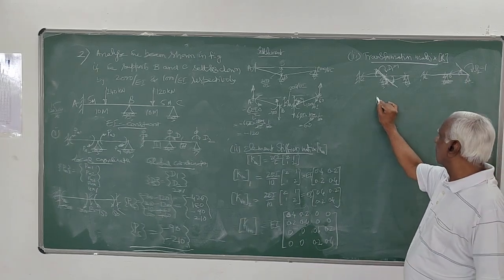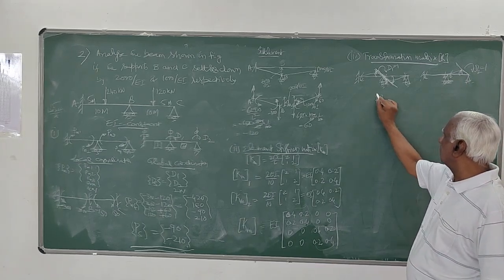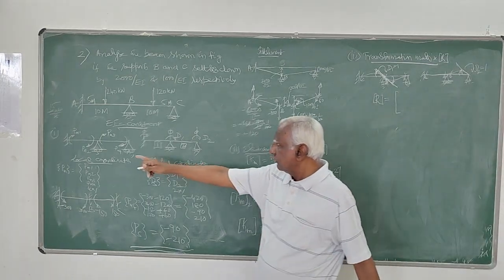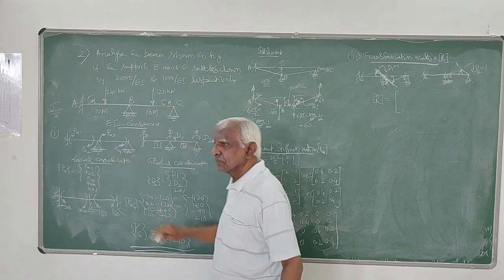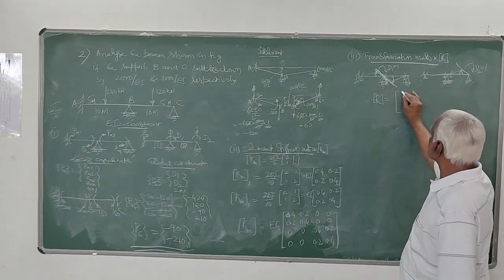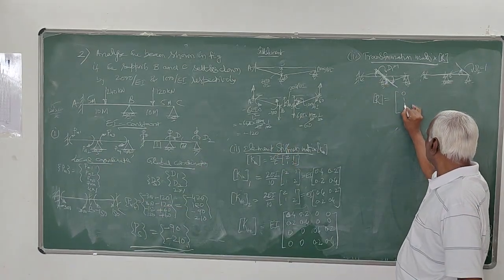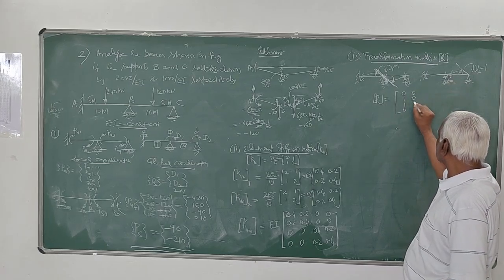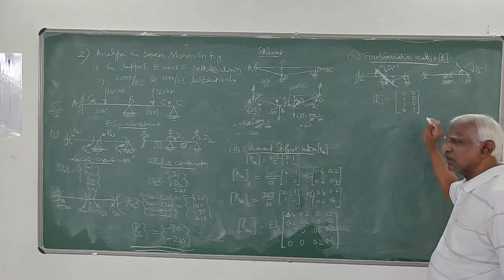So your R will be corresponding to these member coordinates. So first 0, 1, 1, 0. Second 0, 0, 0, same as the previous one.